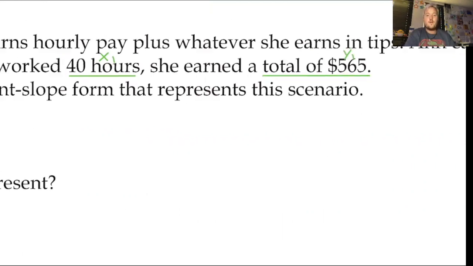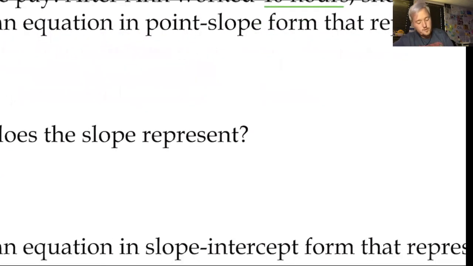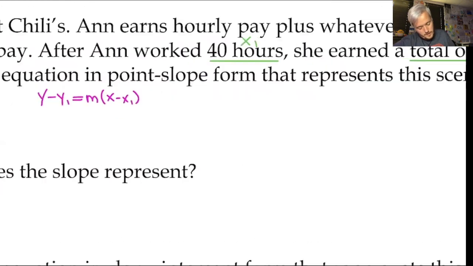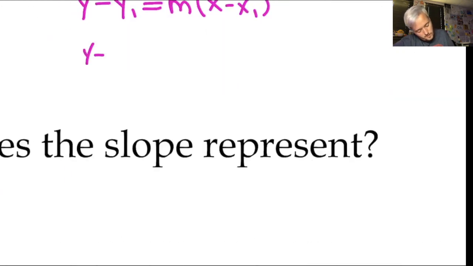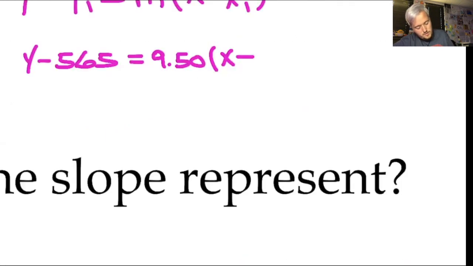All right, so now they want point slope form. So y minus y1 equals m times x minus x1. So y minus 565 equals the hourly rate of 9.50 times x minus 40.